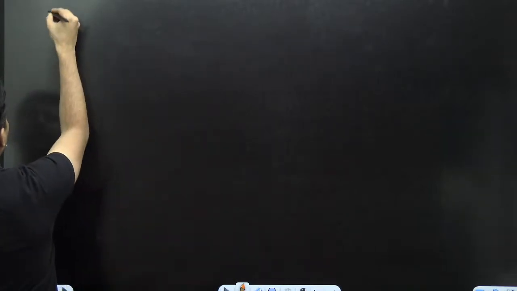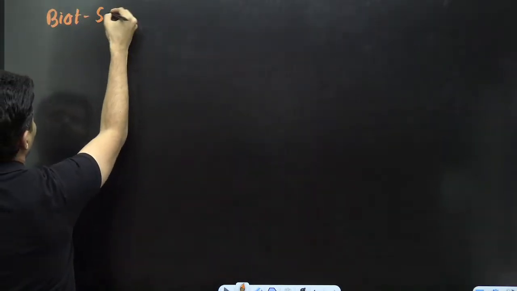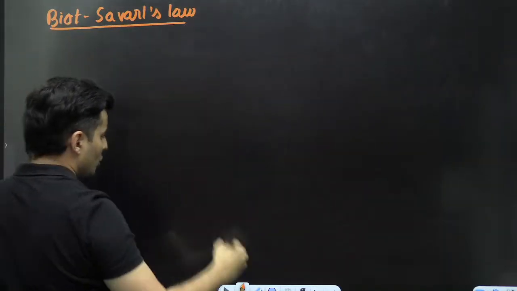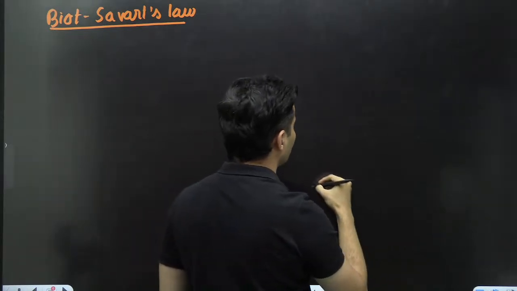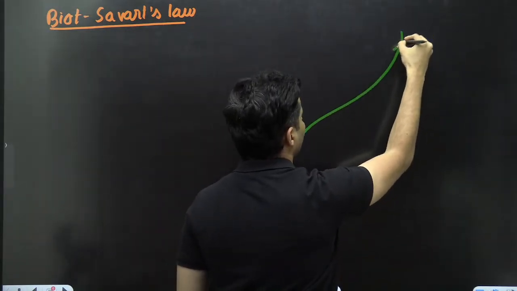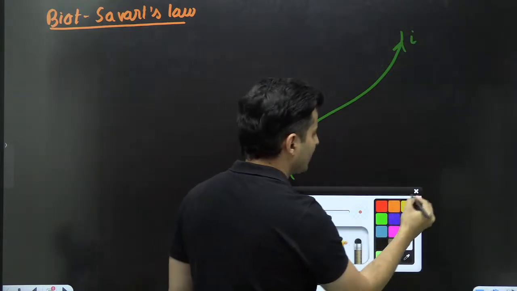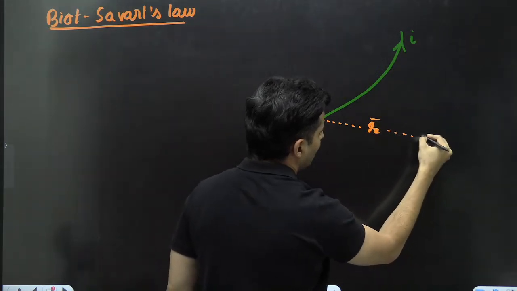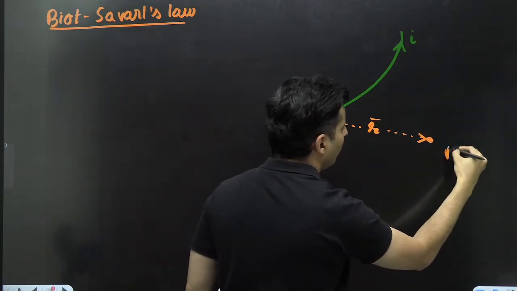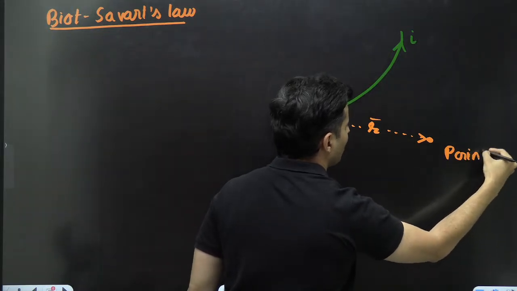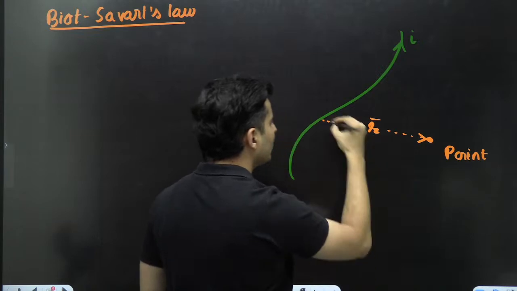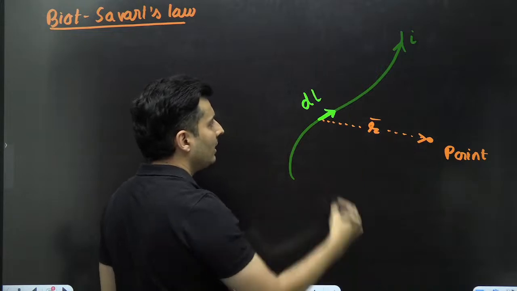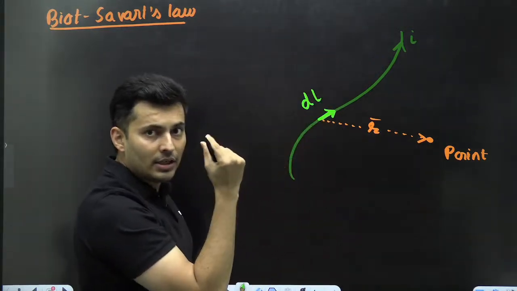So this is how it looks. Biot-Savart's law. You show some random wire which carries some current I, and at some location from an element you take a position vector. The position vector points towards the point where you want to find the magnetic field. Due to this small element, the length of that element is dl. The dl element is also a vector.